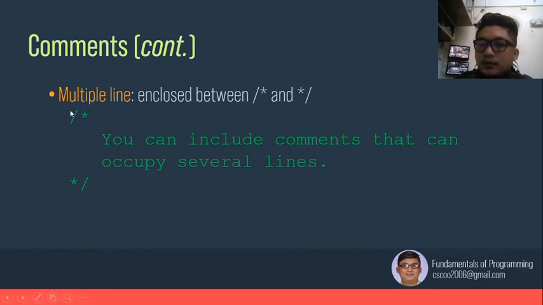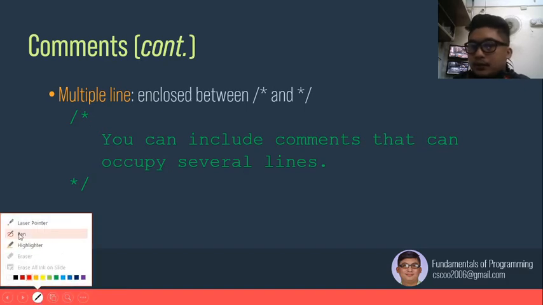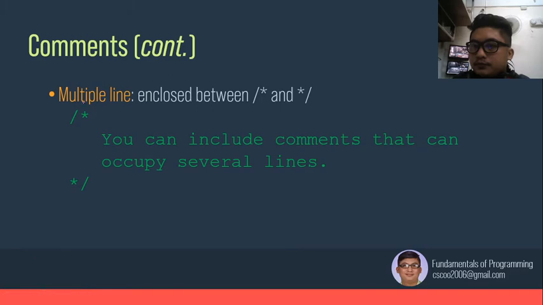This is how you write an opening multi-line comment, and this is how you write a closing one. Remember, we have syntax rules to apply. If you forget the closing block, it will give you a compile error.